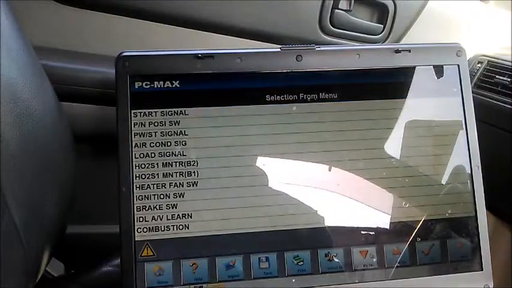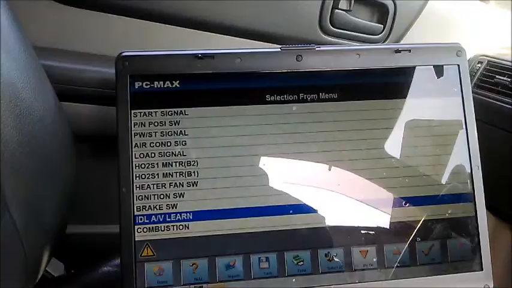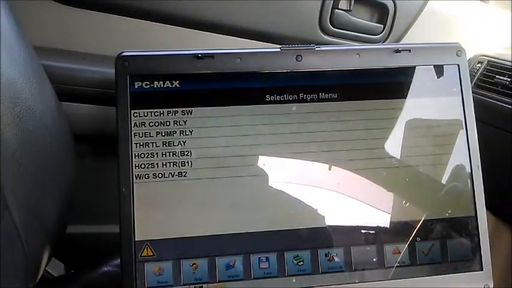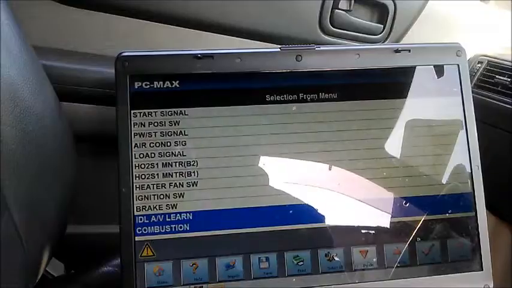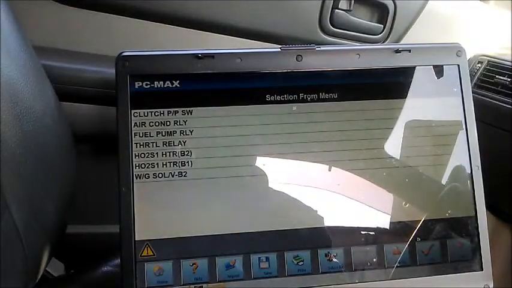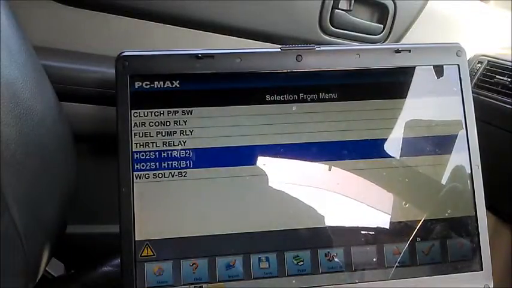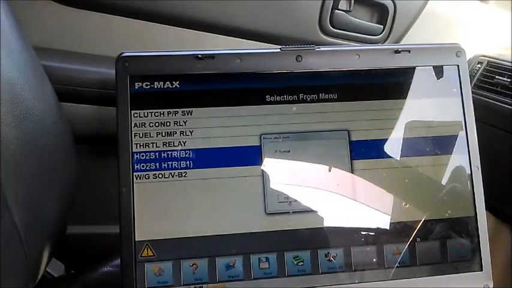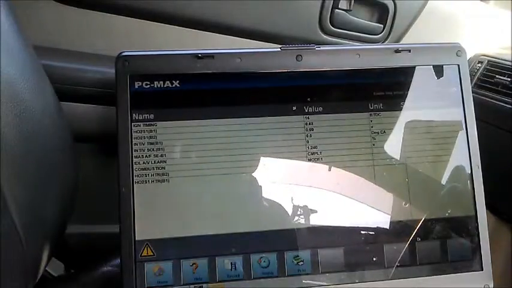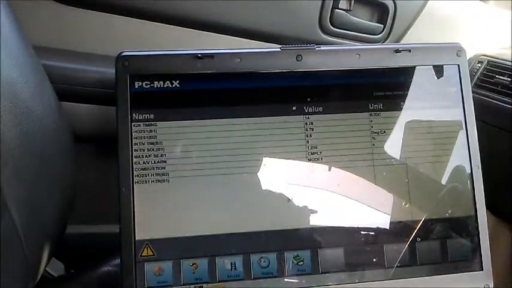What else could you use here? Combustion, what is that? I want to see what that is about. Sensor heater. Okay, just for the hell of it, I'll throw the oxygen sensor heater PIDs in as well.